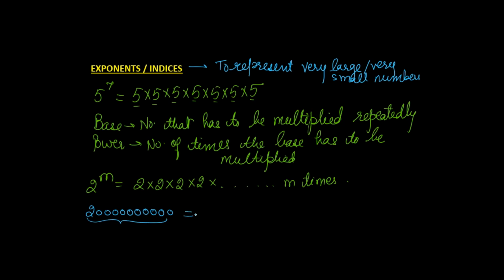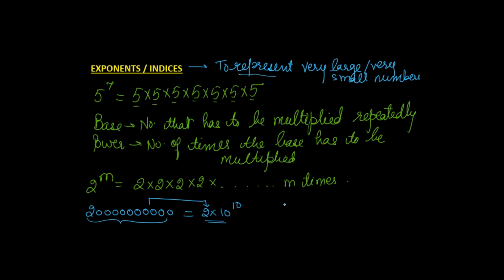Instead of this, we can write a shorter form, which is 2 times 10 raised to the power 10. This is called the standard form, and we will learn more about it in our next videos. So we have represented this big number in a very short exponent form. So exponents are used to represent very large and very small numbers.